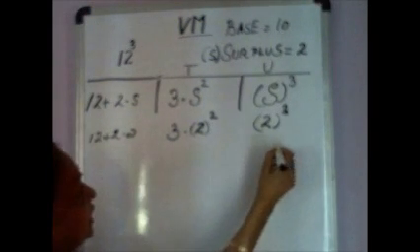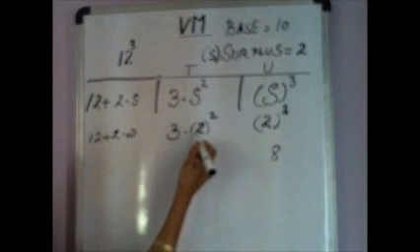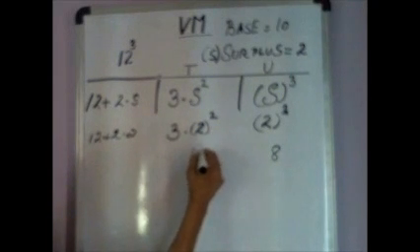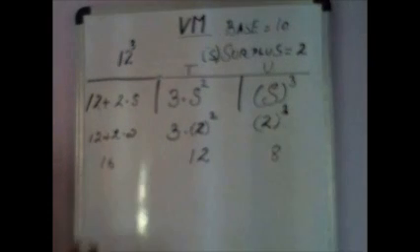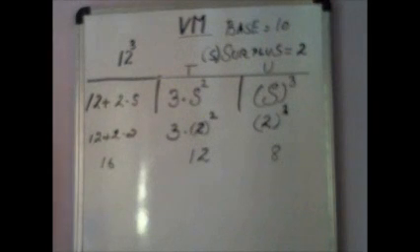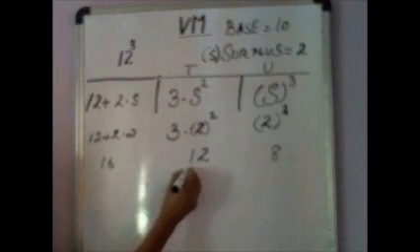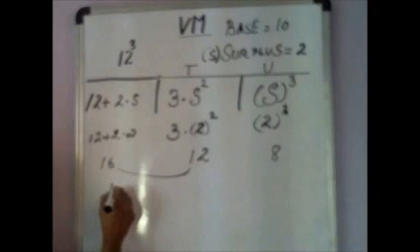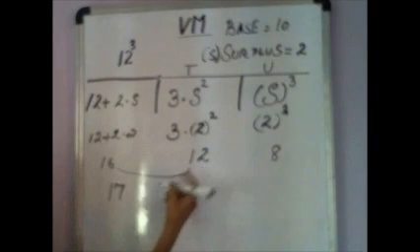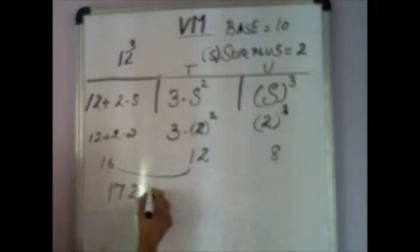This is equal to 8, this is going to be 12, and here it's going to be 16. Now, according to the rule, we can only retain one digit in the unit place and the tens place answer. So I'm going to carry over this 1 with 6, so I'm going to get 17 over here, and this 2 will be retained with 8.